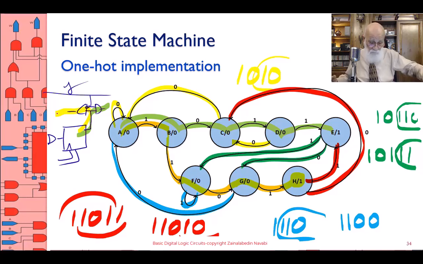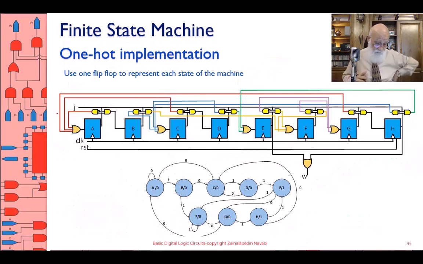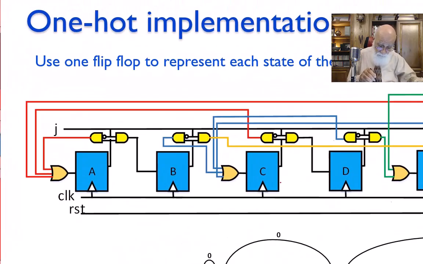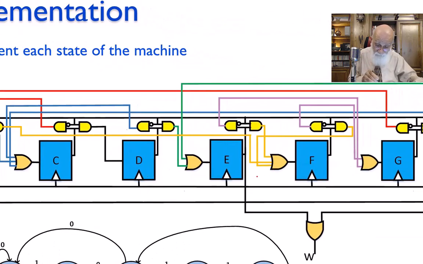Okay? What you come up with is this circuit. Nicely, beautifully colored. And this is state C. 1 takes you to D. 0 takes you to A. Every flip-flop has an OR gate on the side of it.